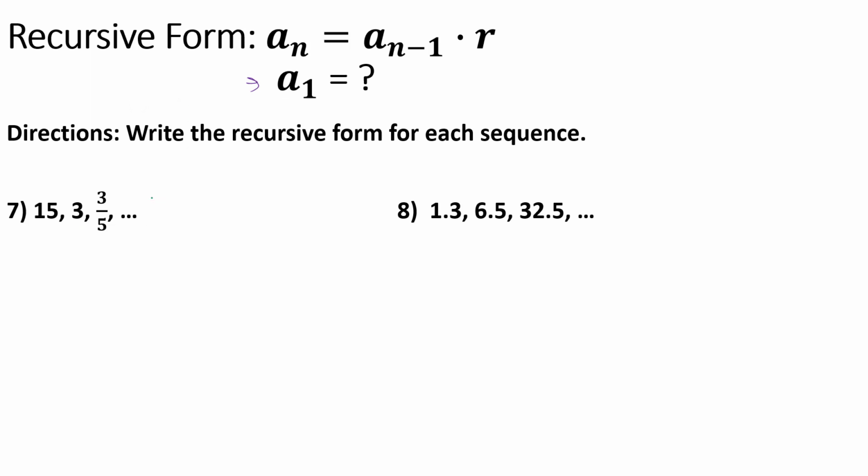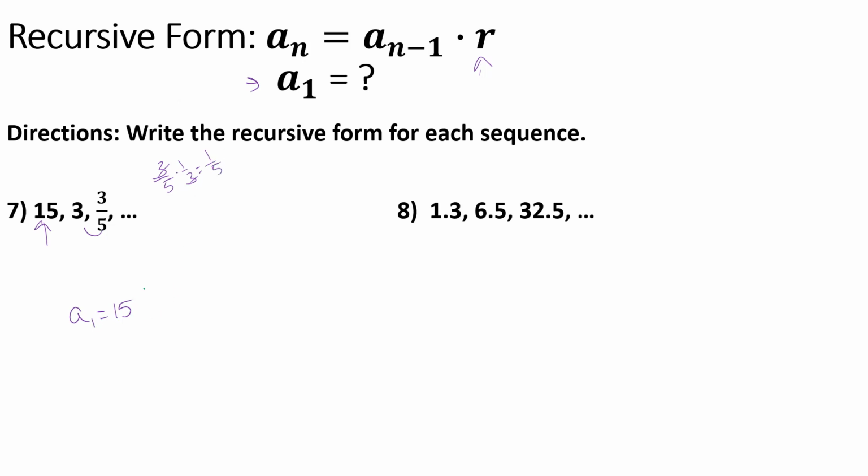So let's start. Our a sub 1 value is going to be easy when we have a sequence. So a sub 1 is equal to 15. Now I just need to know my value of r. So again, we're going to work backwards. 3/5 times the reciprocal, 1/3. 3s will simplify out, and we end up with 1/5.